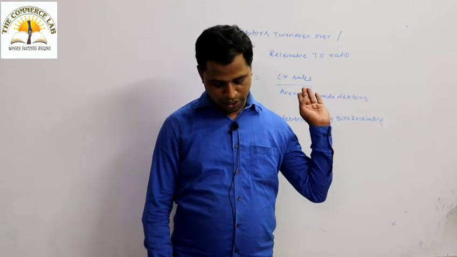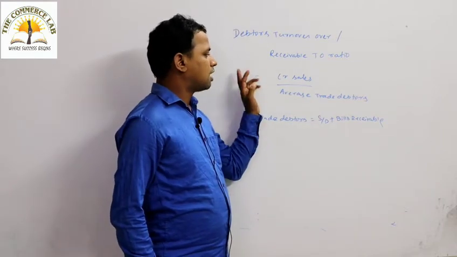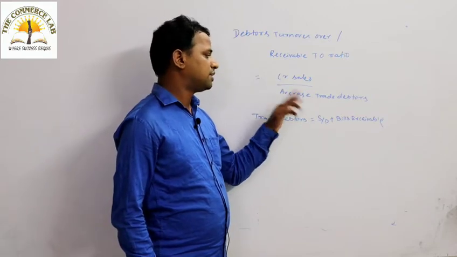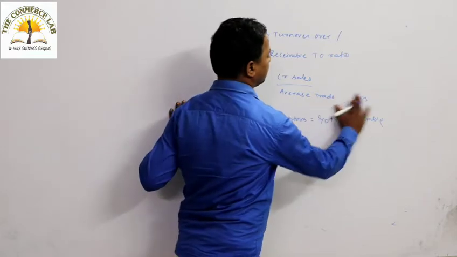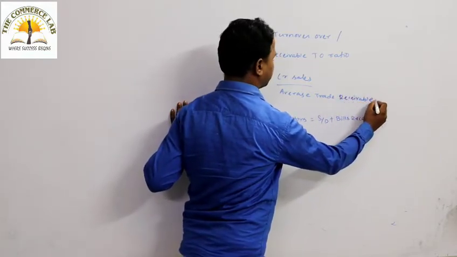It is calculated with the formula credit sales divided by average trade receivables, not debtors, average trade receivables.